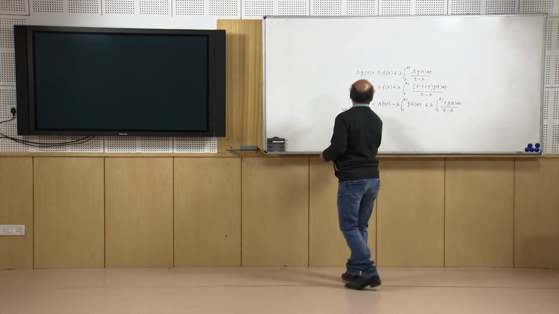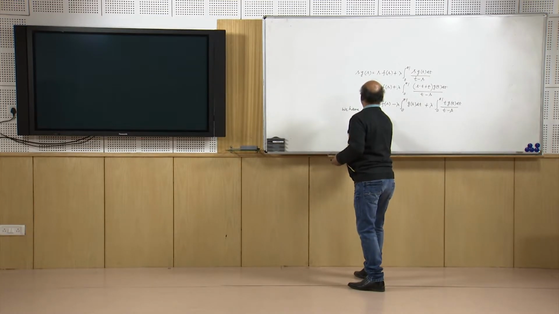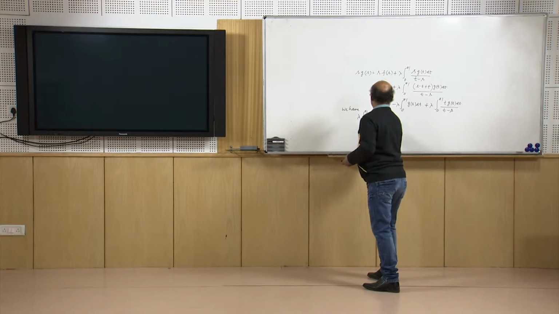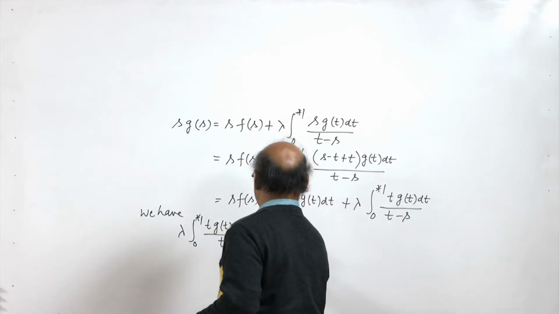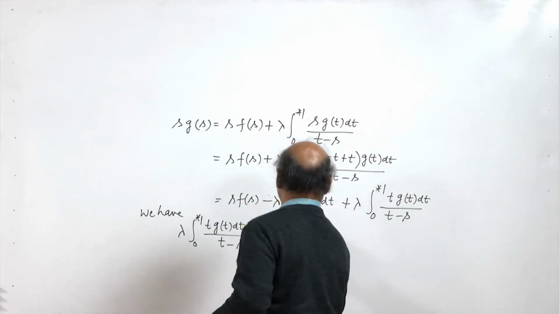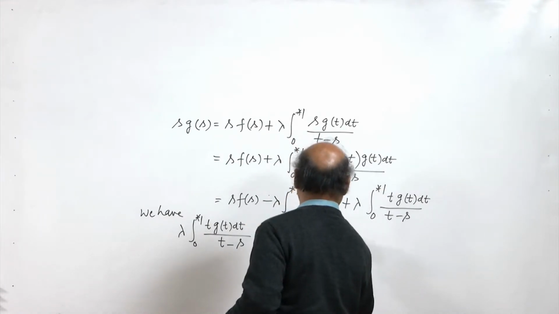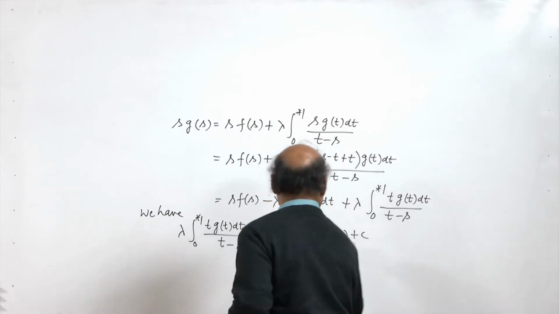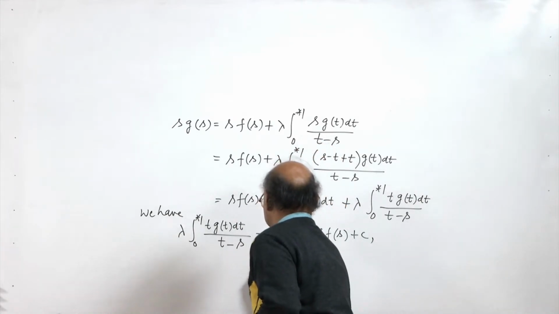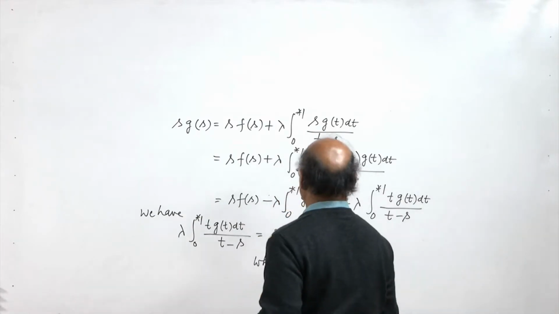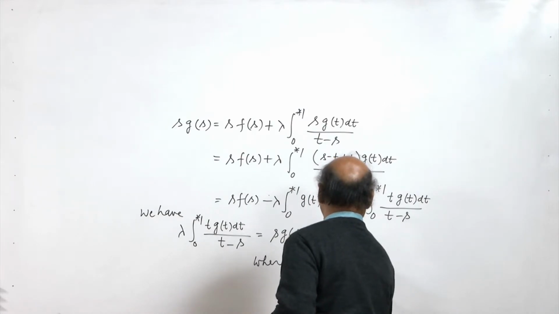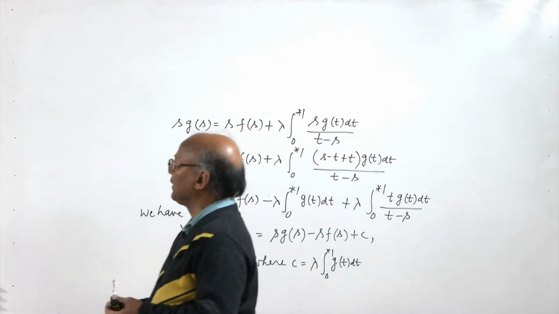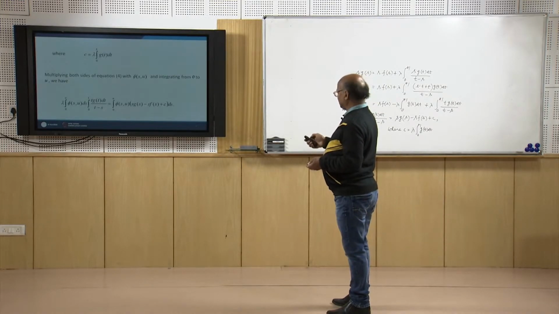So we have lambda times integral 0 to 1 t g(t) dt divided by t minus s equals s g(s) minus s f(s) plus c, where c equals lambda times integral 0 to 1 g(t) dt. Okay, so this is what we have.